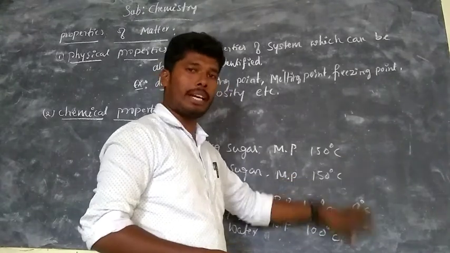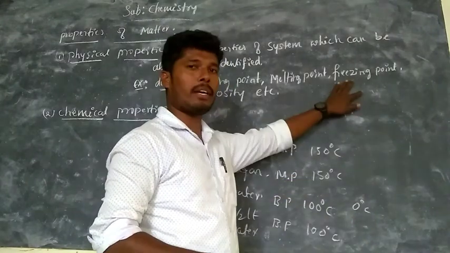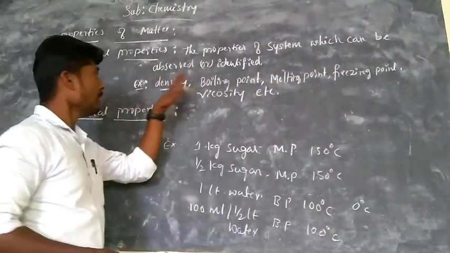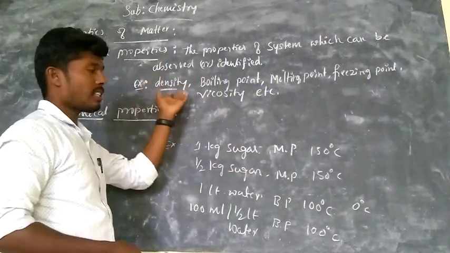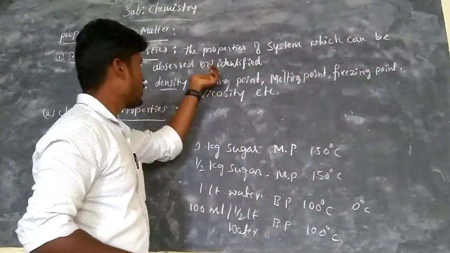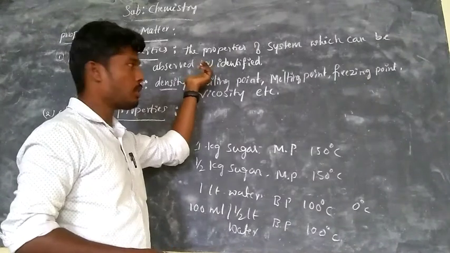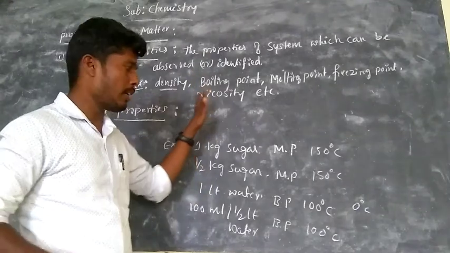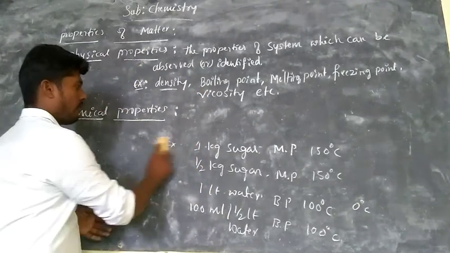The quantities change, but the freezing point of water does not change. Hence, all these are the physical properties of substances. That is the property of a system which can be observed or identified even if we change the quantity. This is the physical properties.